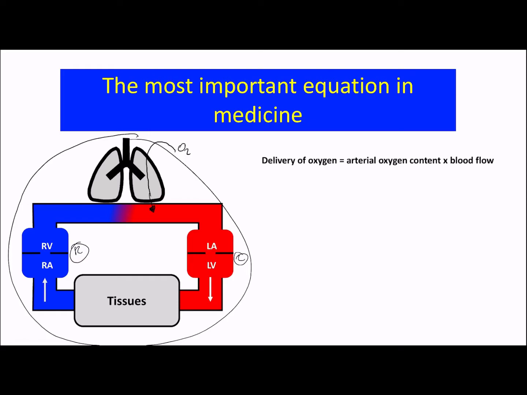It must be, that's where the oxygen comes from, as well as the blood flow to bring it into the tissues. So it must follow that the delivery of oxygen is equal to the oxygen contained in the blood, which is only in two forms.